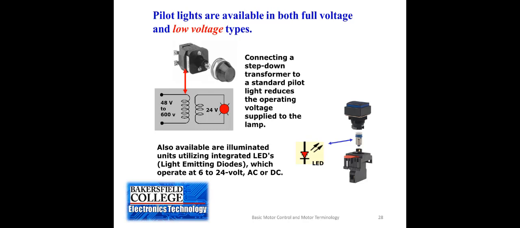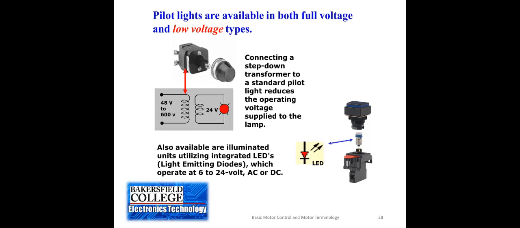Now, that works when your control circuit runs on AC, but when it runs on DC, obviously we don't use a transformer. Sometimes they'll put a resistor in the circuit, and that will allow a low voltage lamp to be operated with a higher voltage control circuit.